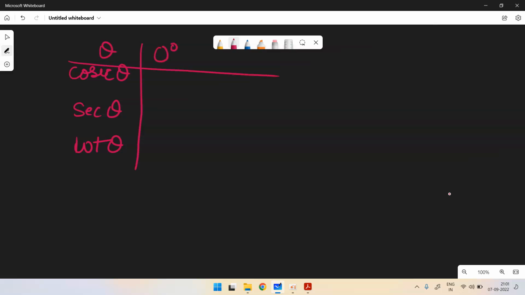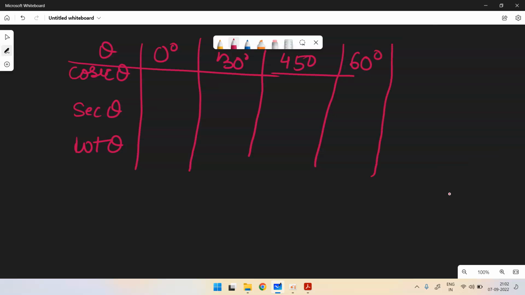First I take it as 0 degree, next is 30 degree, next is 45 degree, next is 60 degree, and next is 90 degree.